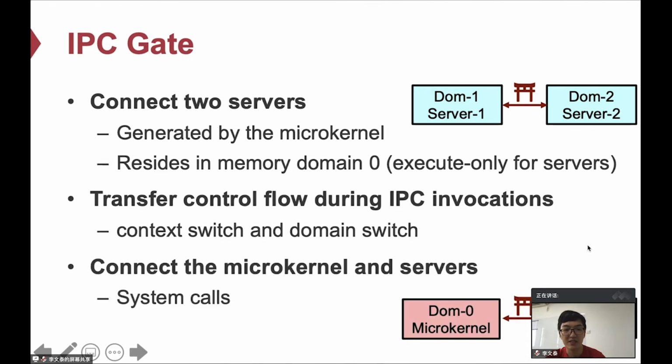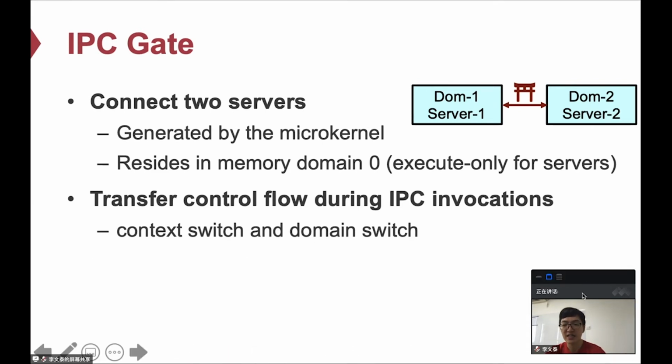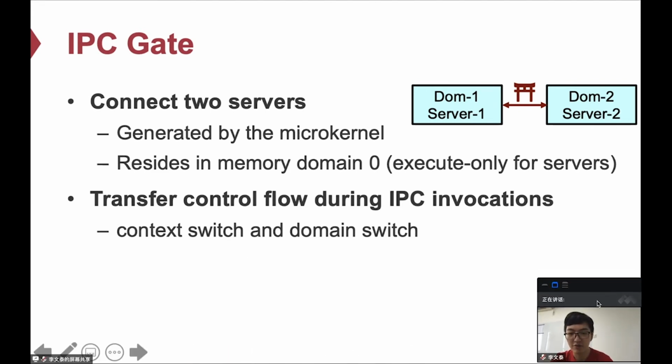During an IPC invocation, the gate transfers the control flow from the caller to the callee. To be more specific, it saves the caller's execution state, switches the callee's execution domain by setting the PKRU register, and restores the callee's execution state.